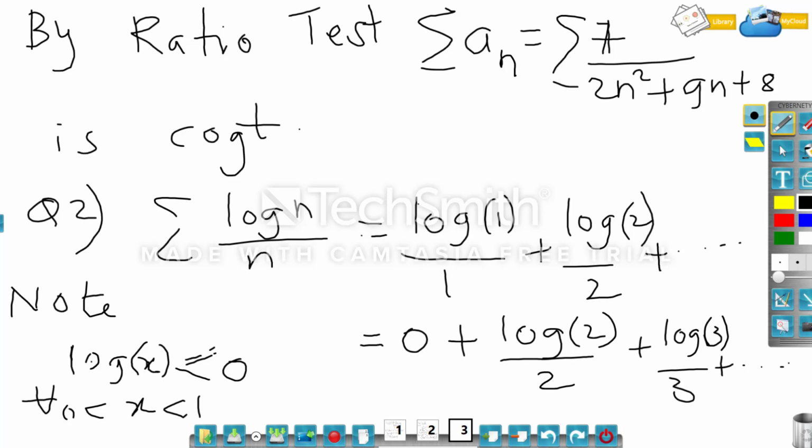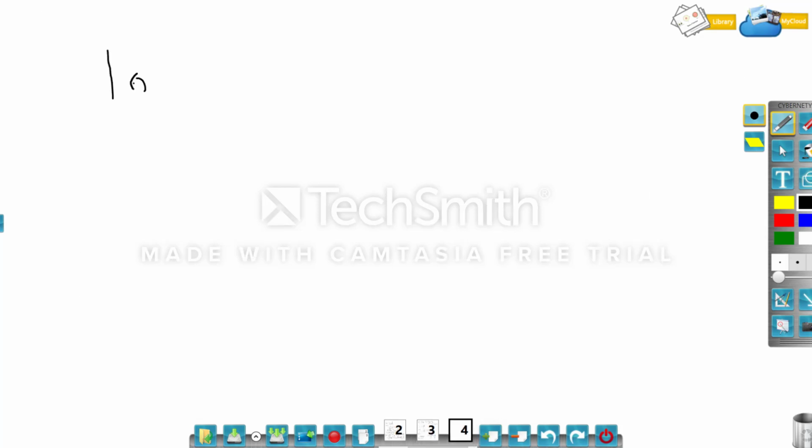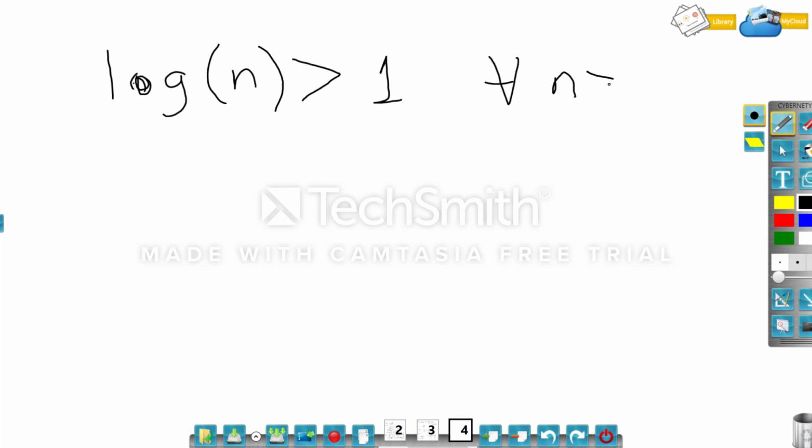So here log 2 is positive, there is no doubt about it, and log 3 by 3 is also positive. So from log 2 onwards, they all are positive. This log 3 will definitely be greater than 1. So log n is always greater than 1 for all n greater than or equal to 3.